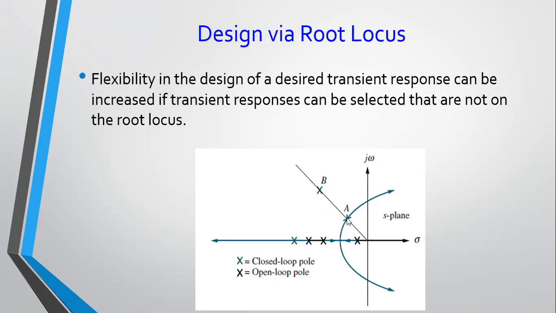Remember, this point has a particular imaginary value, which is referred to as the damped natural frequency, and this one as the exponential decay frequency. These two parameters have an implication on the settling time and on the peak time.